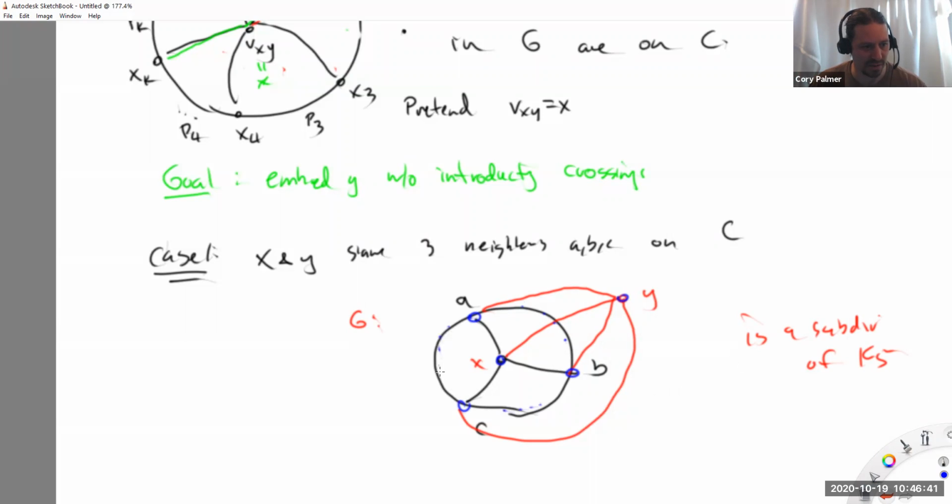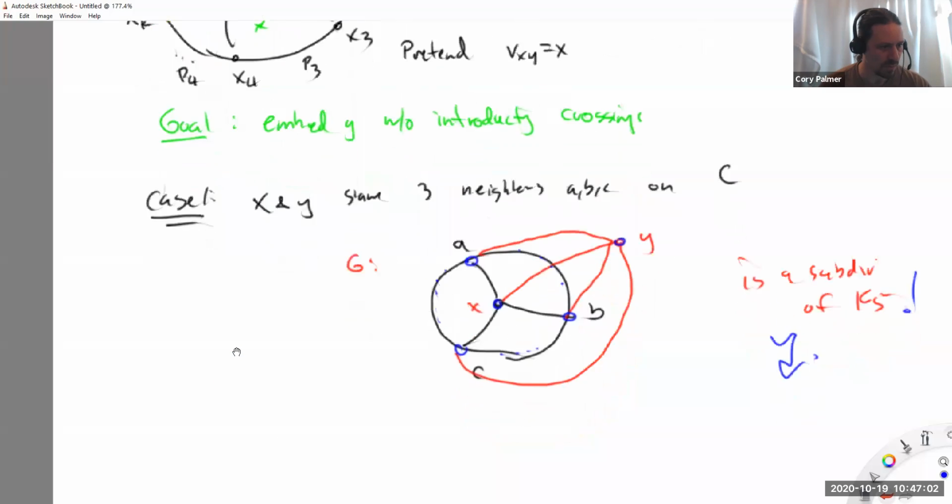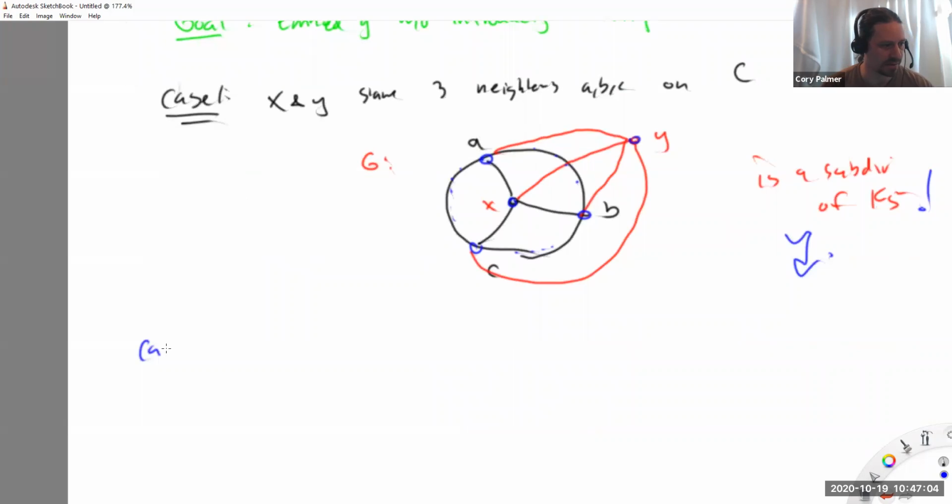C is adjacent to A along this subdivided path. X is adjacent to everything, and Y is adjacent to everything. So that's a subdivision of a K5. That's a contradiction. That can't happen. G doesn't have a subdivision of a K5. So if X and Y share 3 neighbors on C, then I have a K5, sorry. Okay, fine. But maybe that doesn't happen.